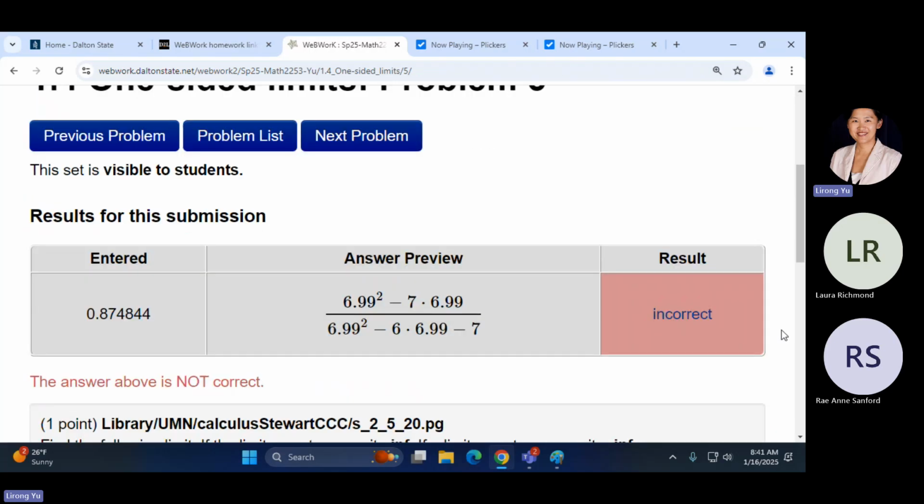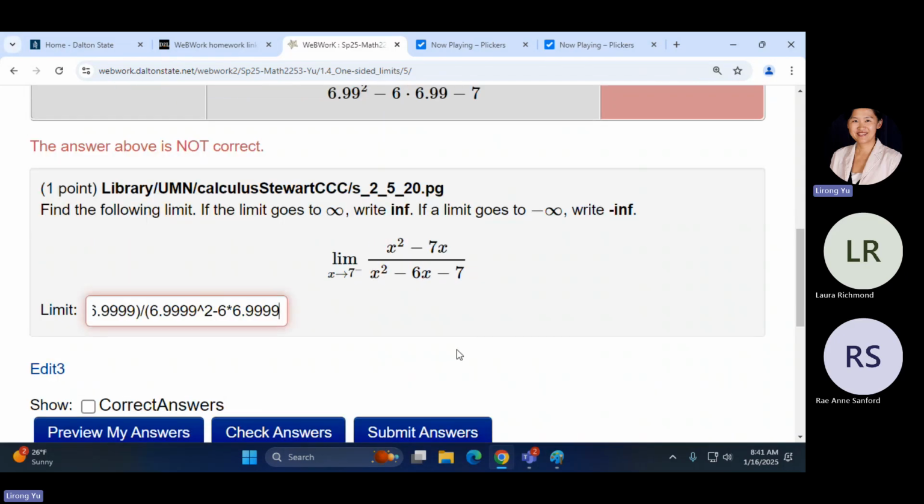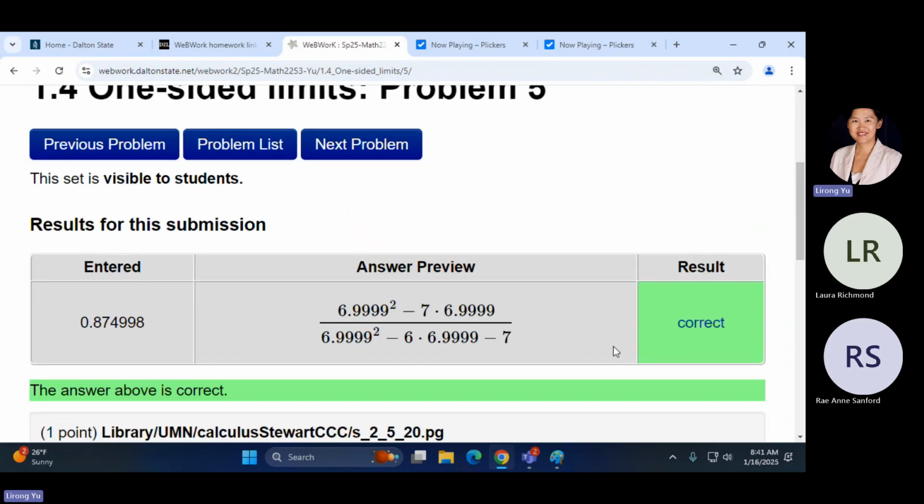I'm using this as my calculator, and you can see the number is roughly approaching negative 8.874844. I'm just trying to use numbers. It looks like I'm not close enough, so I'm adding 9s to it, so we're using 6.99999. I guess that should be close enough. This is trying to solve a limit calculation with numbers.